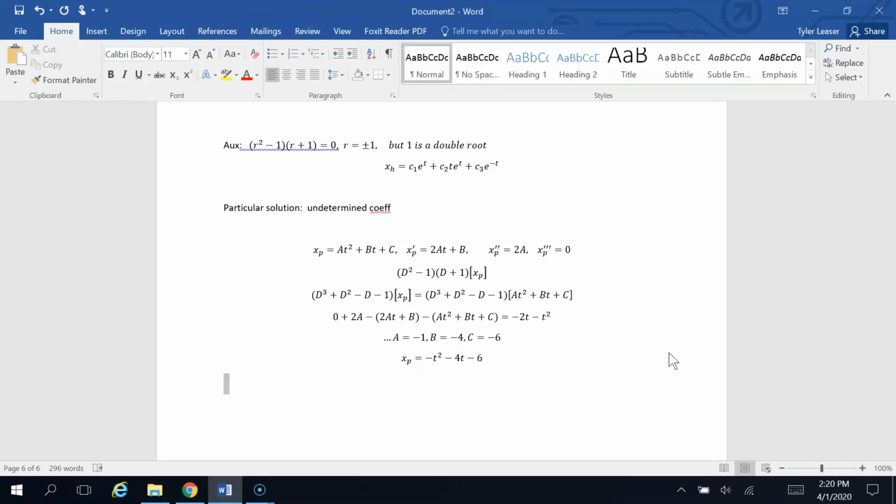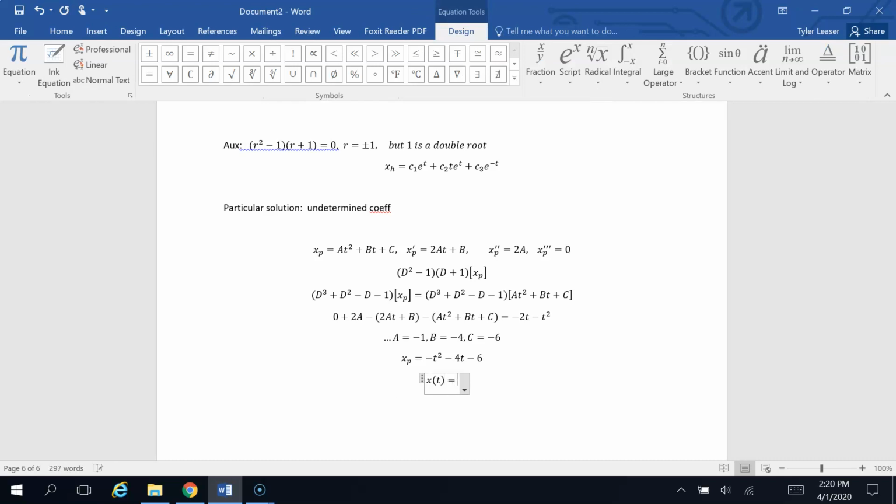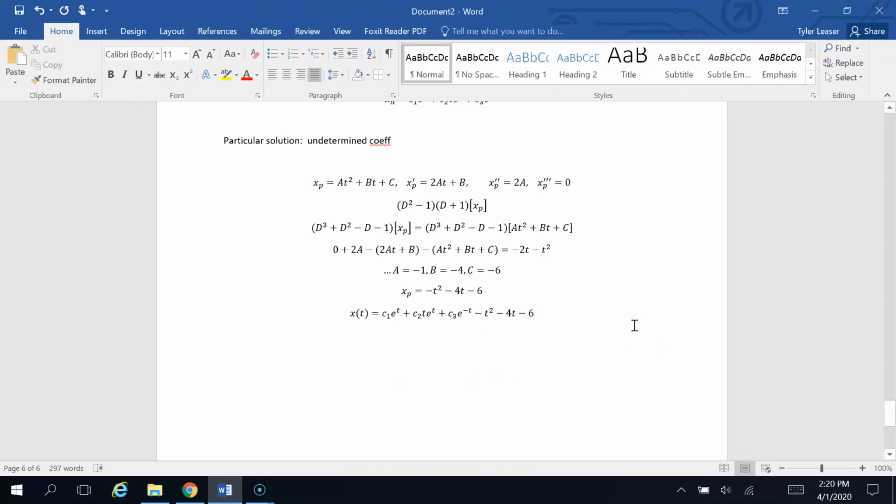Which means that the solution to just x is adding those two things together. The homogeneous solution from up top plus my particular solution. So minus t squared minus 4t minus 6. We did a lot of work, but this is just x.